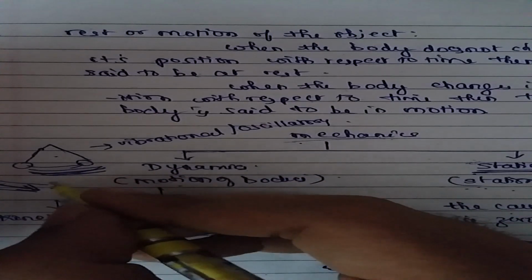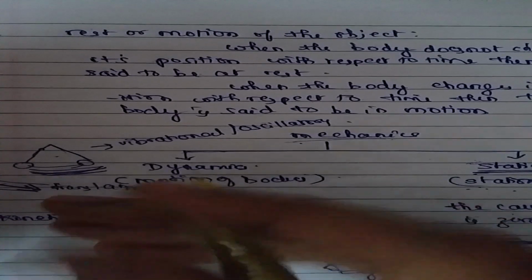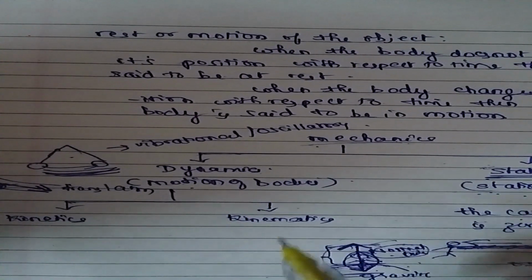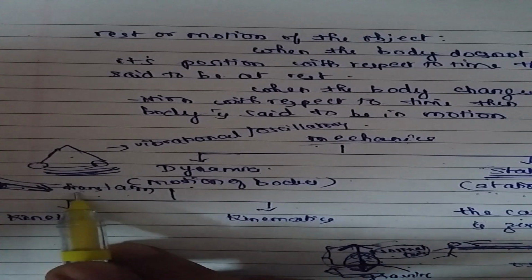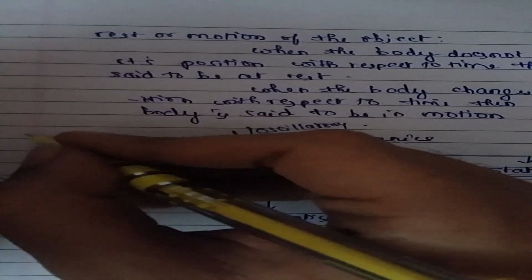That is called translational motion. Any object which moves in a straight line is called translational motion. Another one is rotational motion. If you consider a fan, it rotates like this, right? This kind of motion, in which the body rotates about its axis, is called rotational motion.